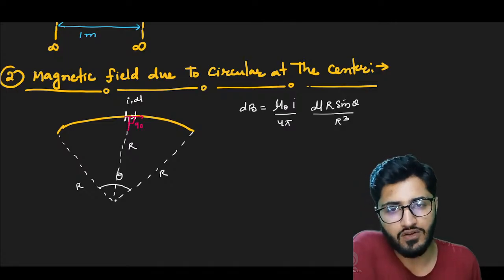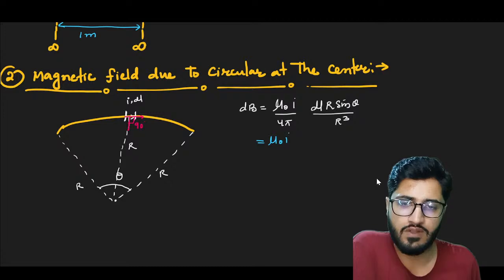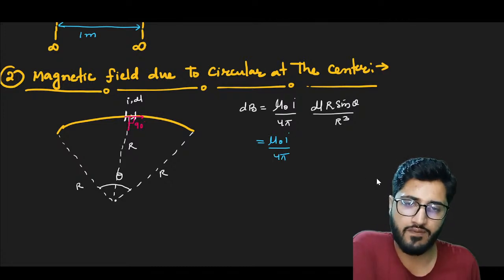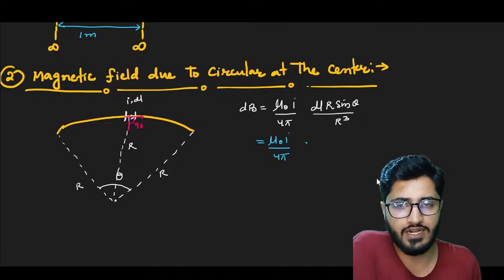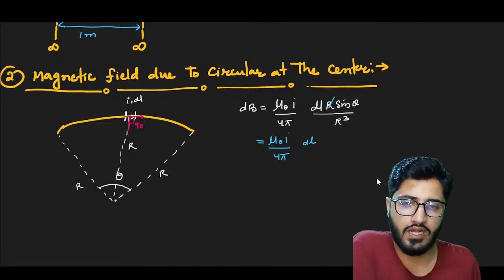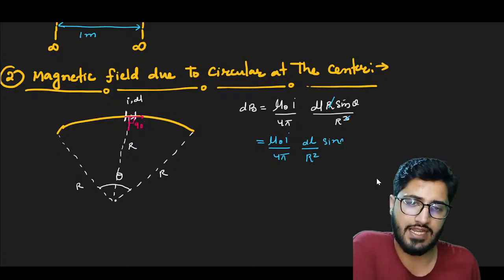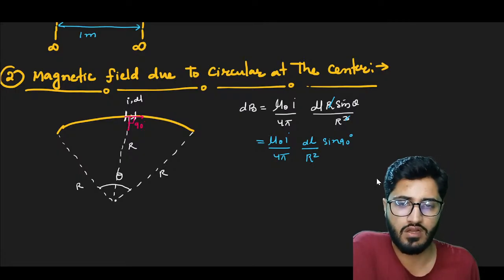So can I write now: mu naught I divided by 4 pi, dl, one r cancels out, so r square, then sine 90, and sine 90 is 1. Done?